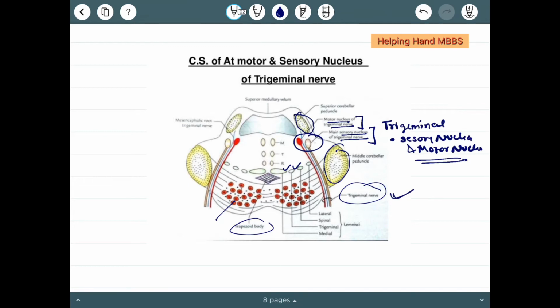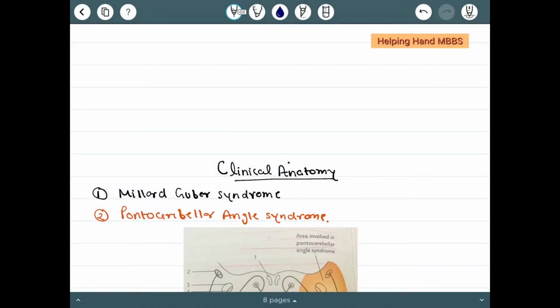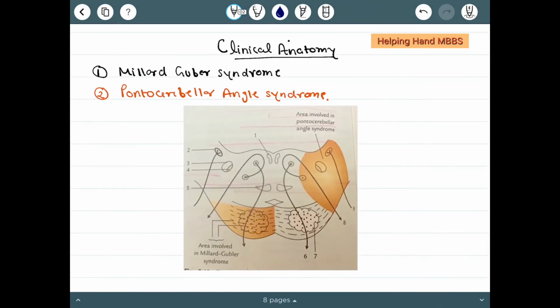As we have seen the major components, let us go to the clinical anatomy of this pons. The clinical anatomy is divided into two main syndromes, that is Millard-Gubler syndrome and the pontocerebellar angle syndrome.